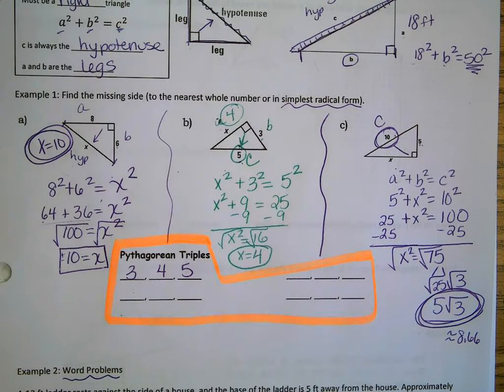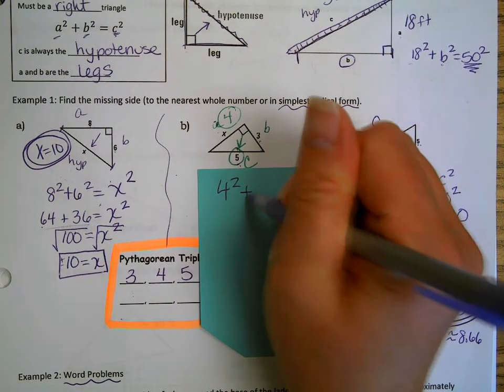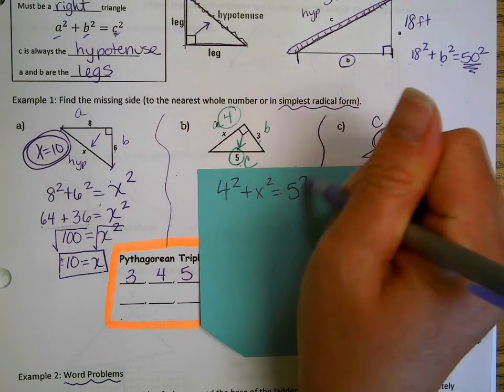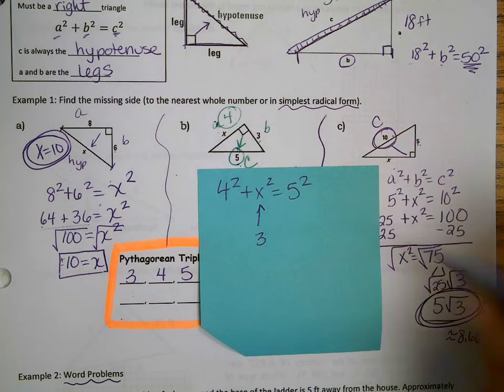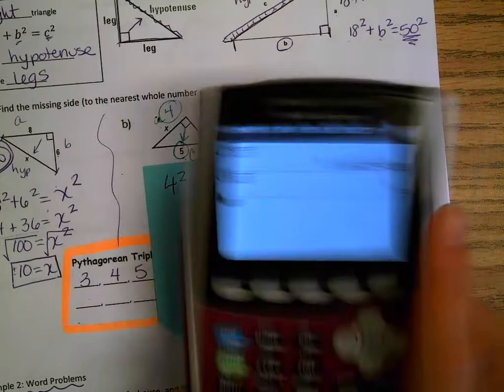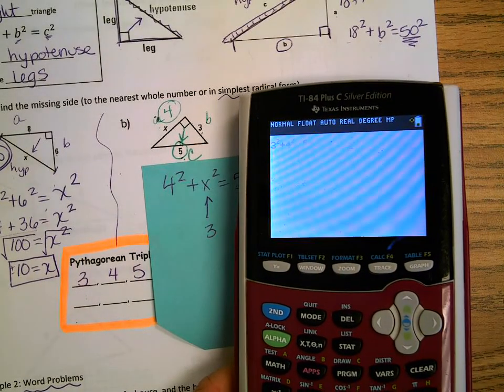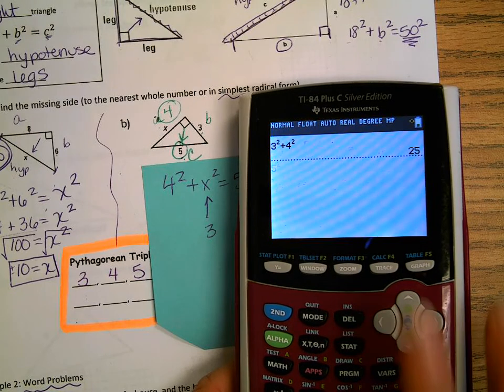That if instead here I put in 4 squared plus x squared equaled 5 squared, the missing value would be 3, because these 3 numbers always make the Pythagorean theorem true. That 3 squared plus 4 squared always gives you 25, which is 5 squared.